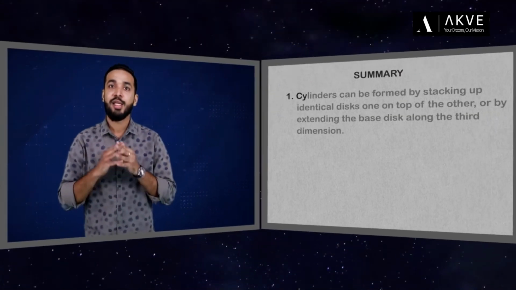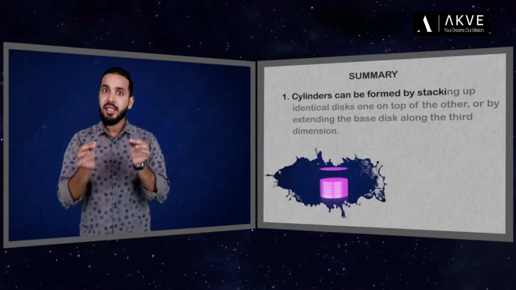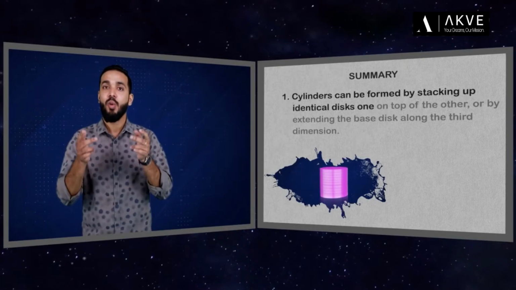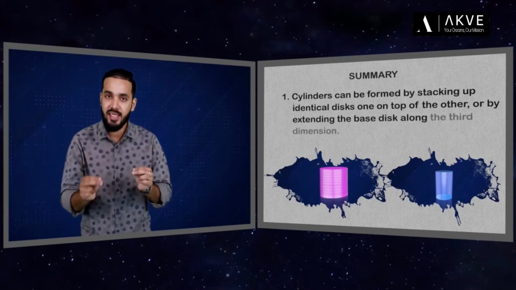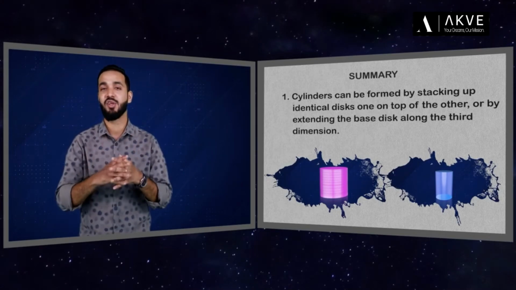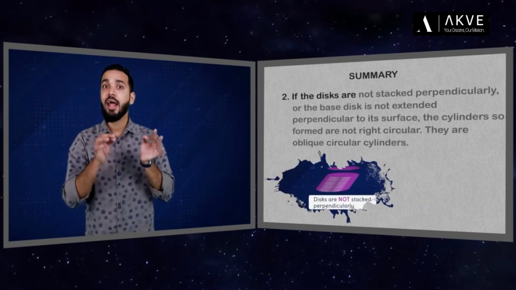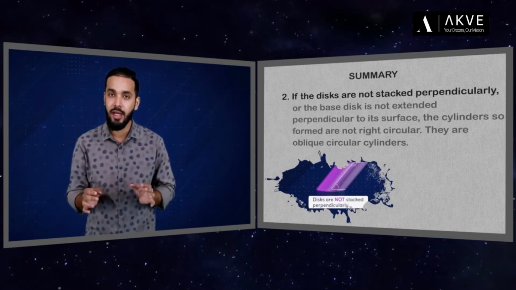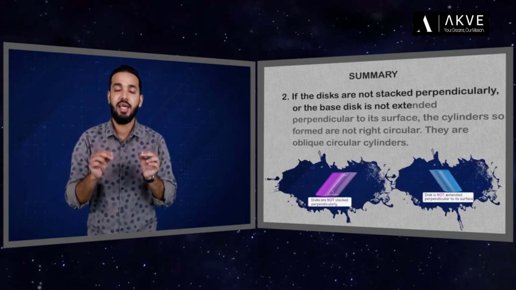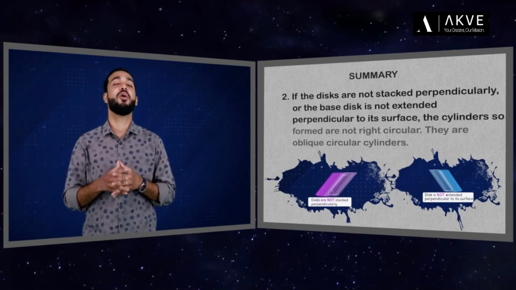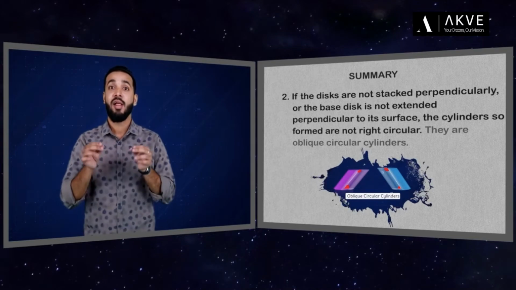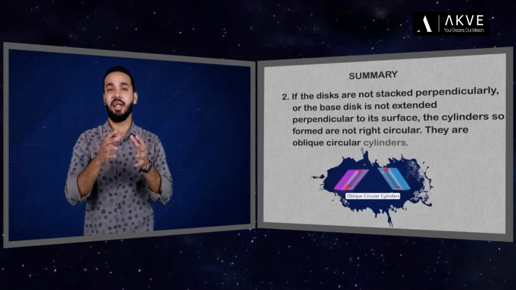We saw that cylinders can be formed by stacking up identical discs one on top of the other or by extending the base disc along the third dimension. If the discs are not stacked perpendicularly or the base disc is not extended perpendicular to its surface, the cylinders so formed are not right circular. They are oblique circular cylinders.